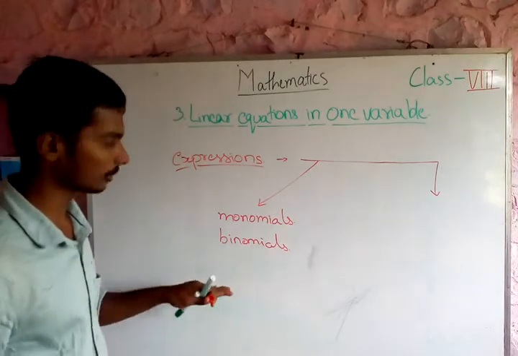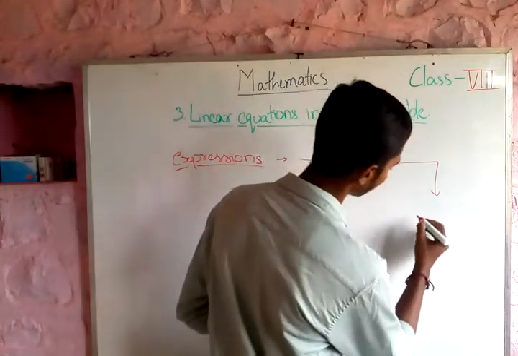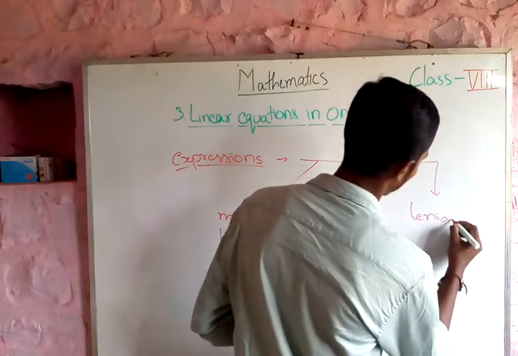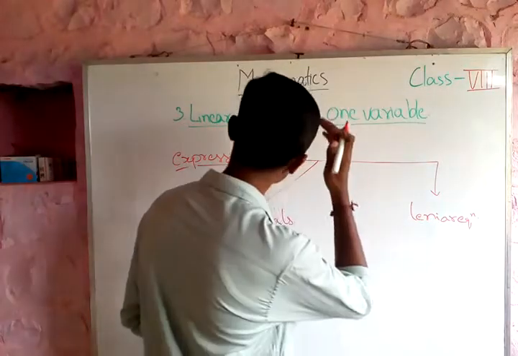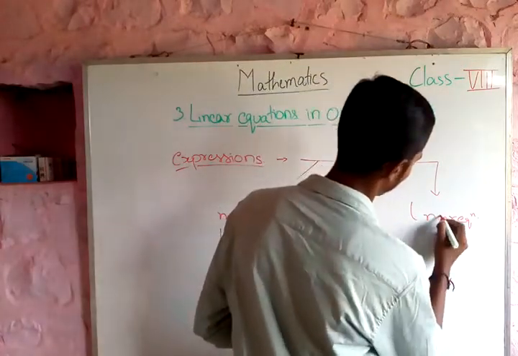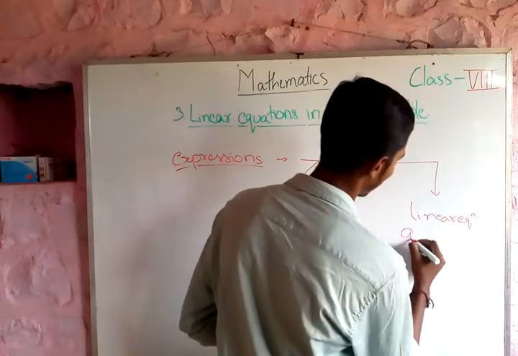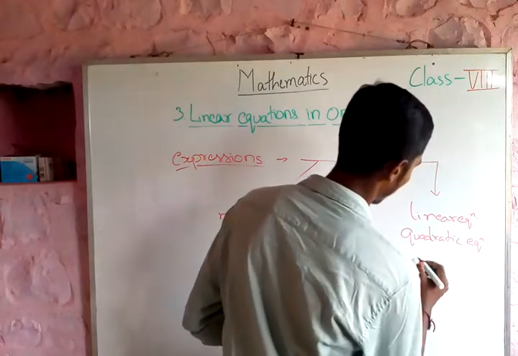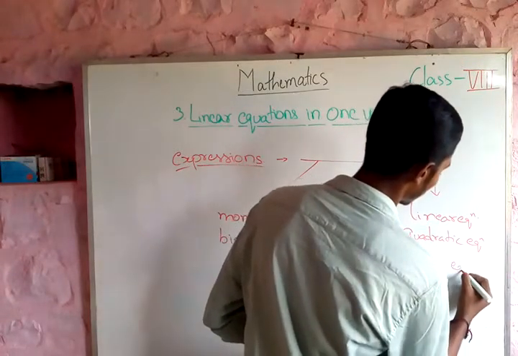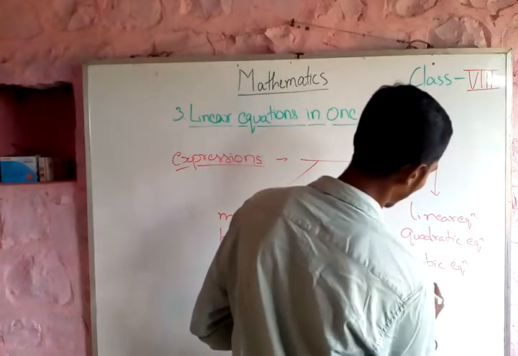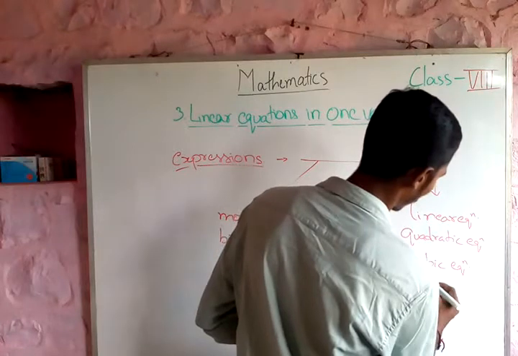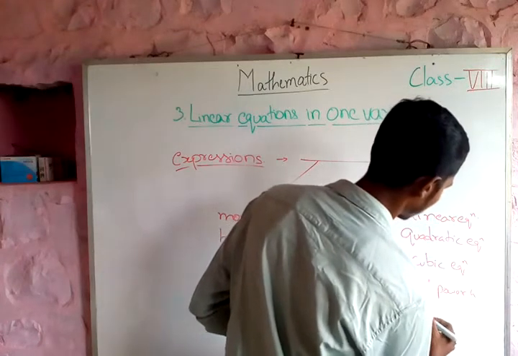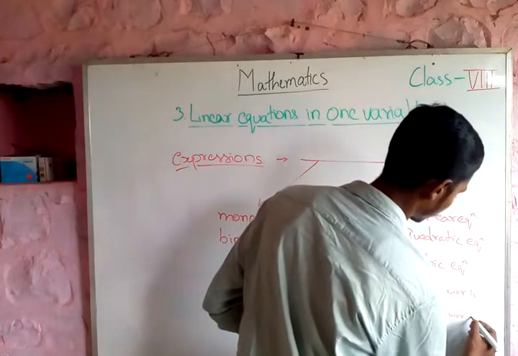Okay, we will move further to this. And one more is linear equation, then quadratic equation, then cubic equation, and so on. Okay, or equation of power 4, equation of power 5, and so on.